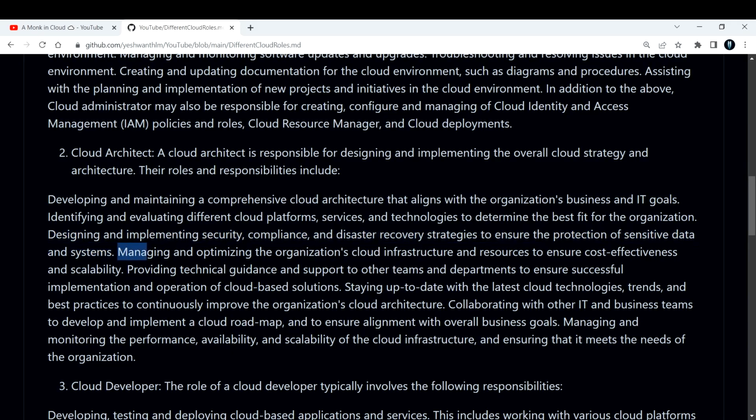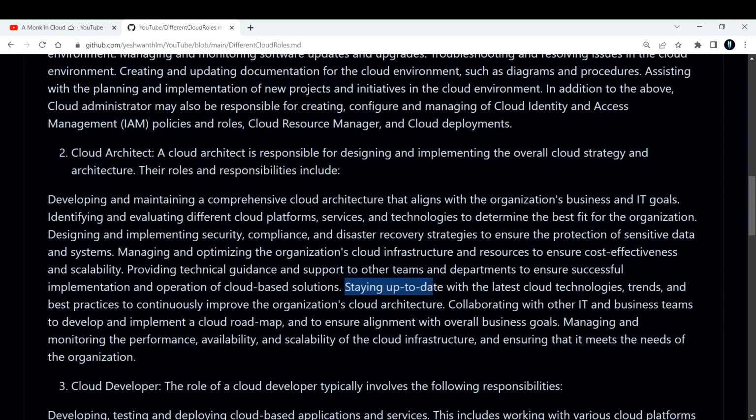They would be managing and optimizing the organization's cloud infrastructure and resources to ensure cost effectiveness and scalability. They would also provide technical guidance and support to other teams and departments to ensure successful implementation and operations of cloud-based solutions.